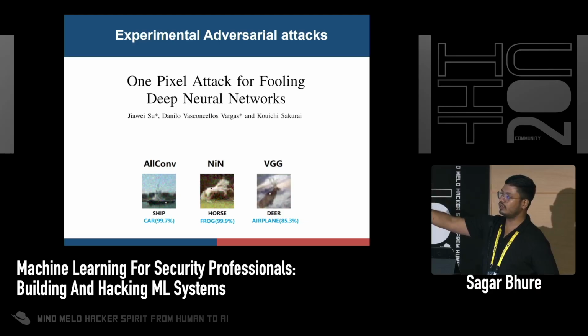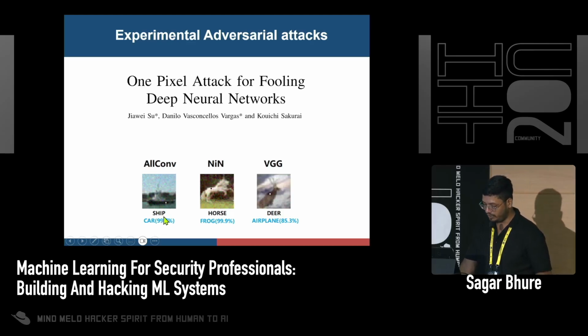If you see, these are all very low resolution images, but it just changes one pixel here, and then here, and then here. It just changes one pixel and the machine learning model will predict this ship as a car with 99% probability.